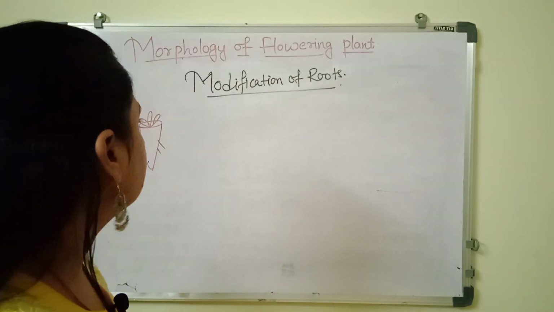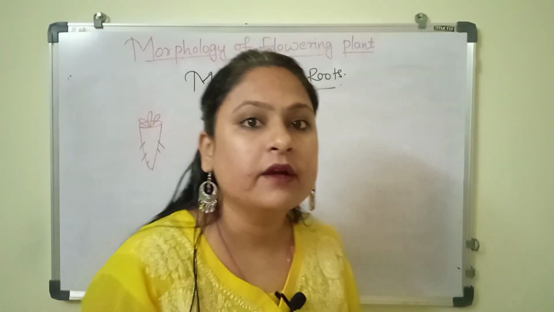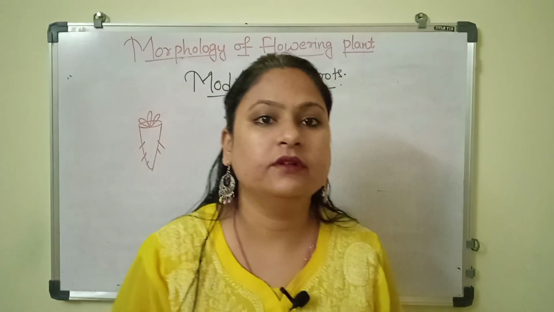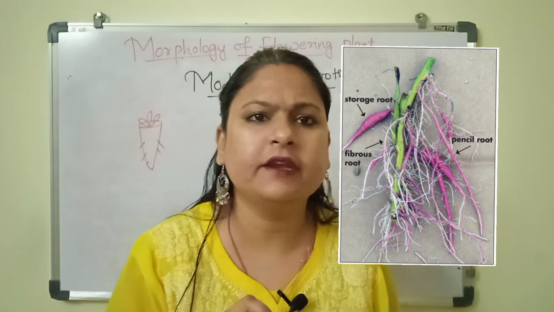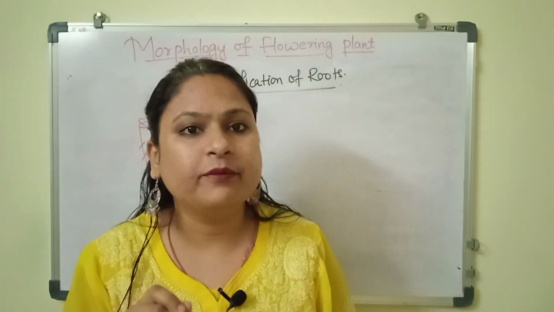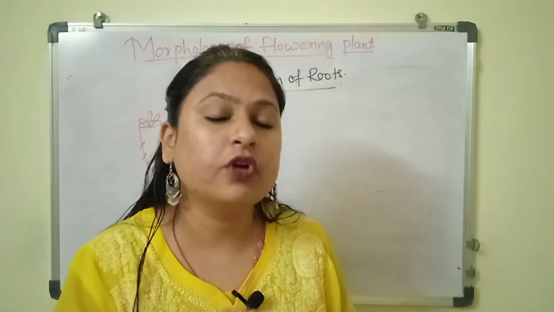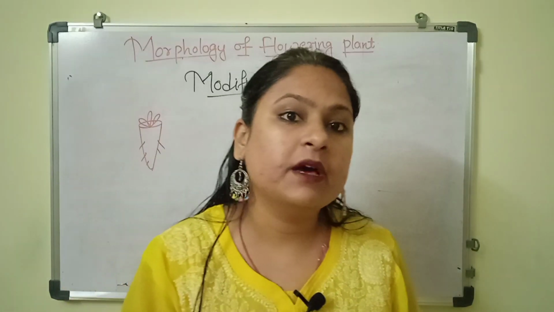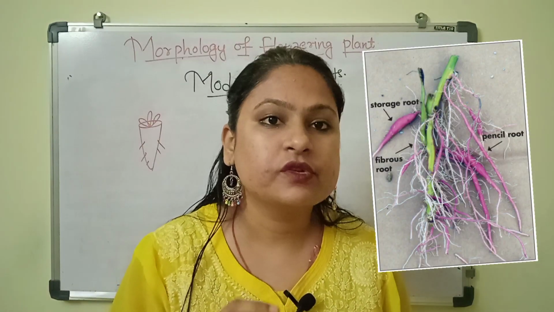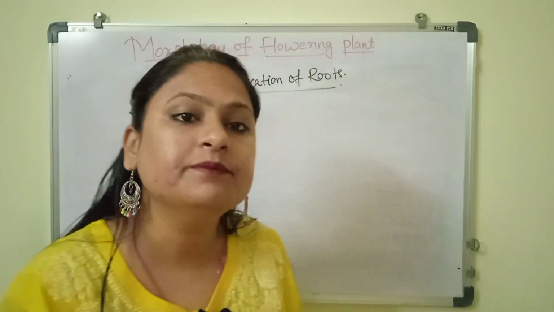Next is the sweet potato. Sweet potato is the modification of adventitious root. It is a dicotyledonous plant belonging to family Convolvulaceae, and the adventitious root of that plant develops a swollen part, that is the sweet potato. That adventitious root stores the food material.